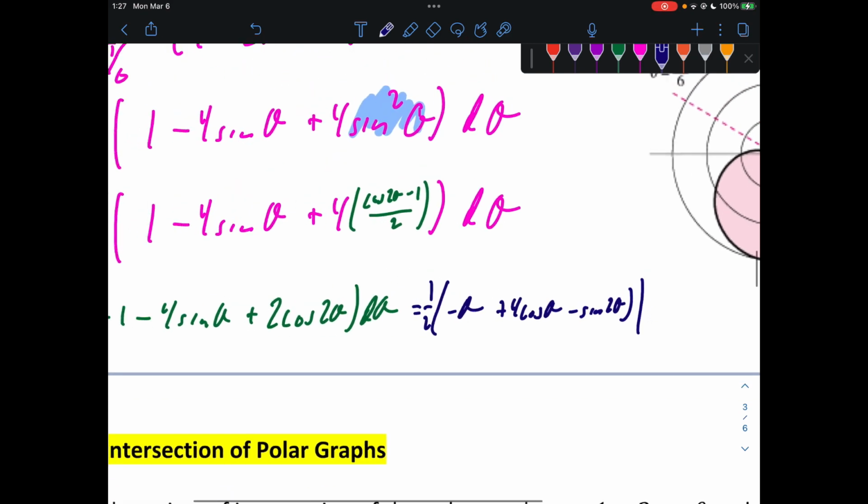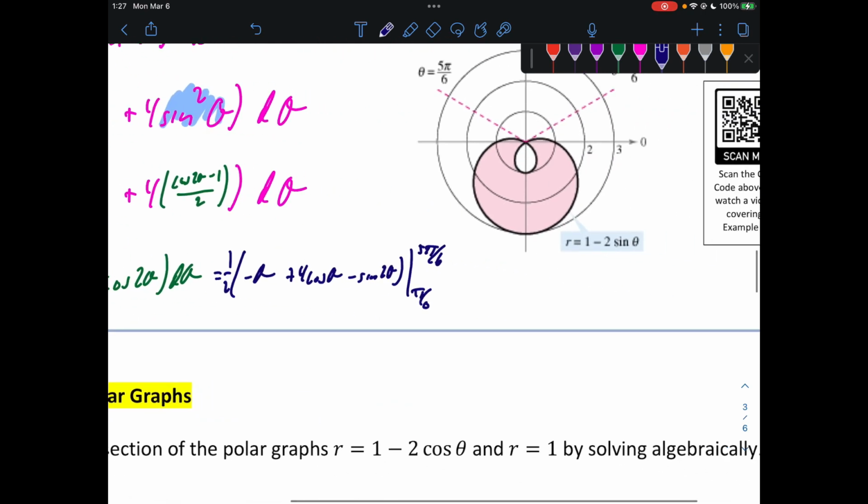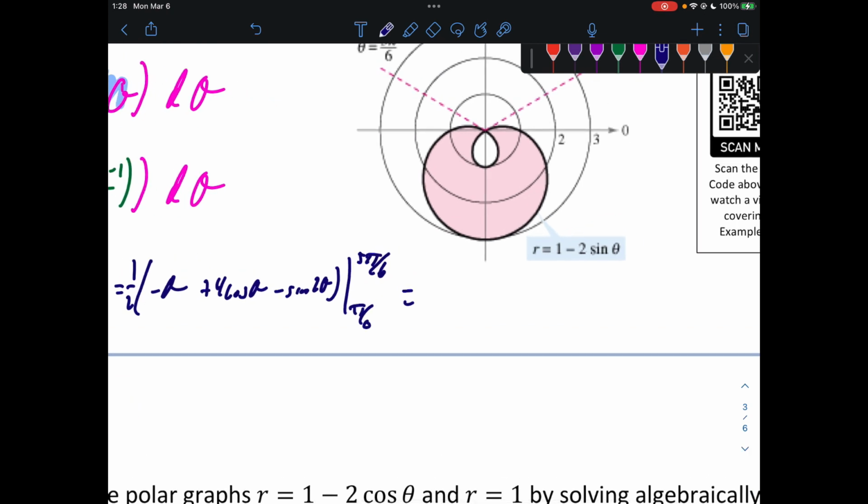The 2 and the 1/2 will cancel out, from pi over 6 to 5 pi over 6. Now I'm running out of room here, but you get the picture. You're going to put 5 pi over 6 in, you're going to put pi over 6 in, you're going to subtract, and this is the answer we'll end up getting when we're done.